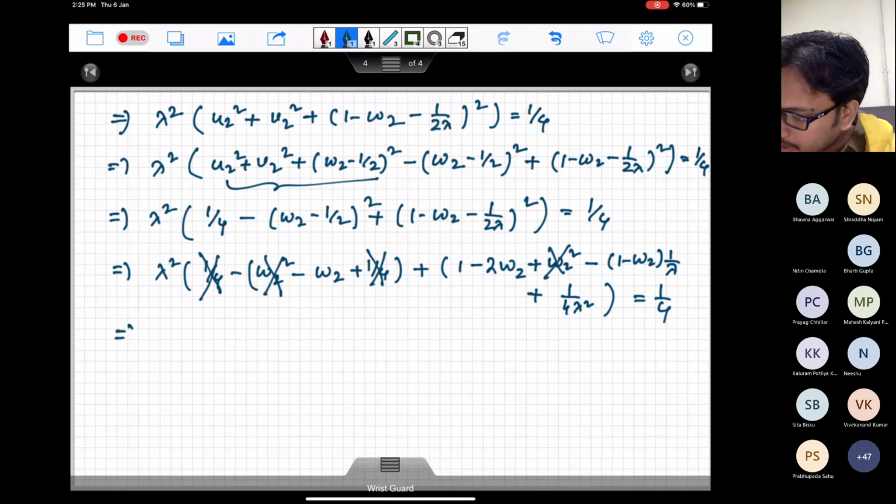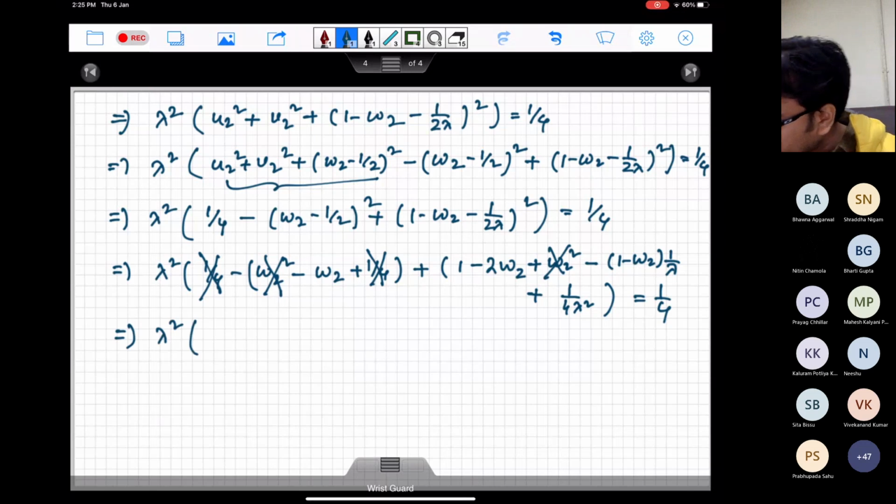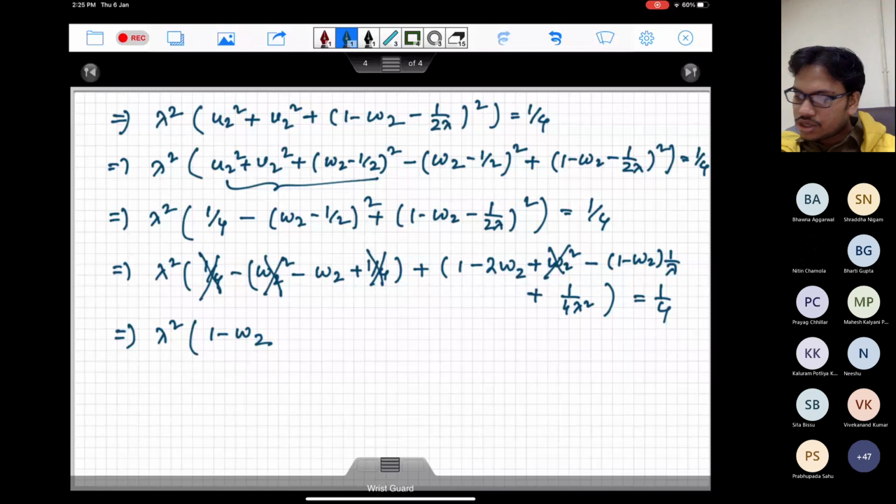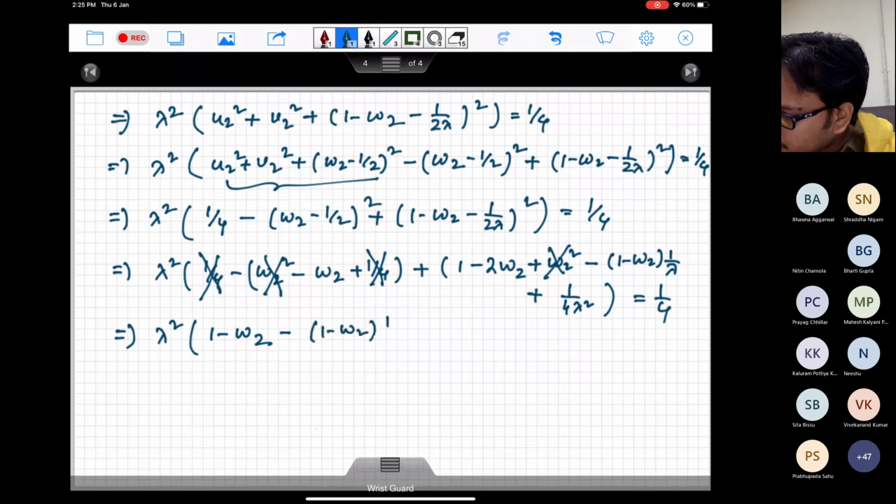Eventually I have lambda square times 1 minus w2, and then minus 1 minus w2 into 1 over lambda plus 1 over 4 lambda square.